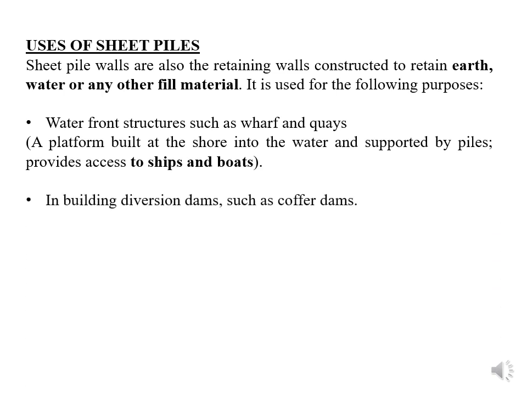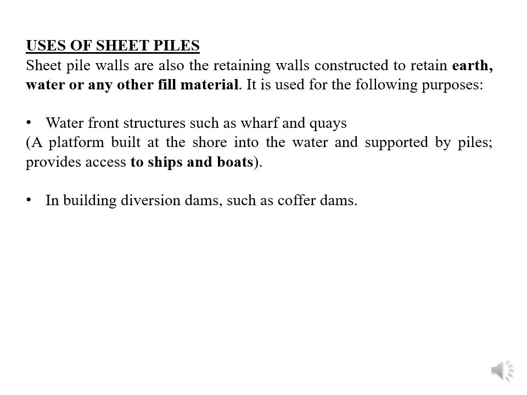Next, in building diversion dams such as coffer dams, the sheeting and bracing system, or we can say the sheet piles, which may be either timber sheet piles, reinforced concrete sheet piles, or steel sheet piles, can be used as coffer dams, right?